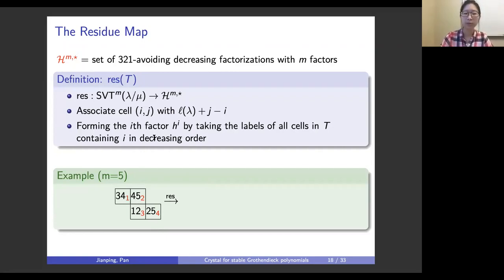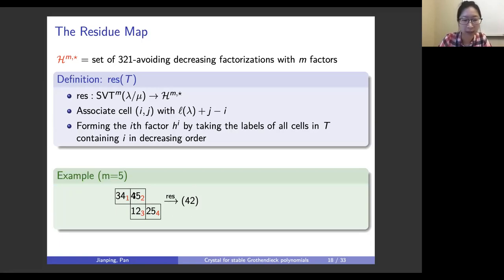Then we can form I's factor in the decreasing factorization by taking the labels of all cells in T containing I in decreasing order. For example, there are 2 5s in this set-valued tableau, and they have 4 and 2 in their labels. So the 5th factor in this decreasing factorization will contain 4, 2.